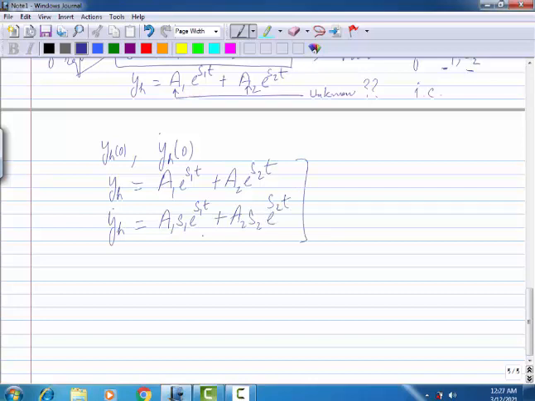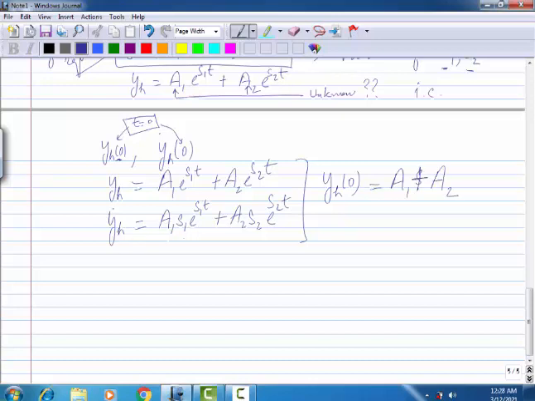If I put in the initial condition for time 0, in both cases you have to put t equal to 0. It becomes y_h of 0, which is a constant, equal to a1 plus a2.